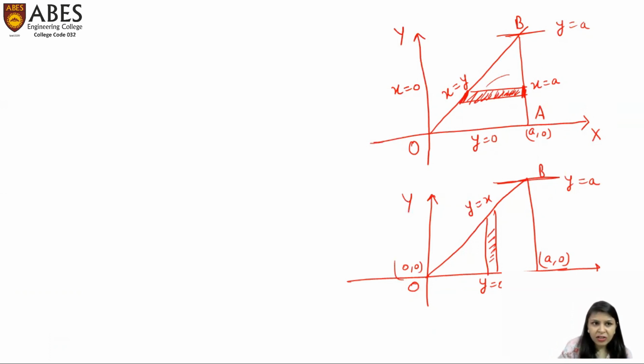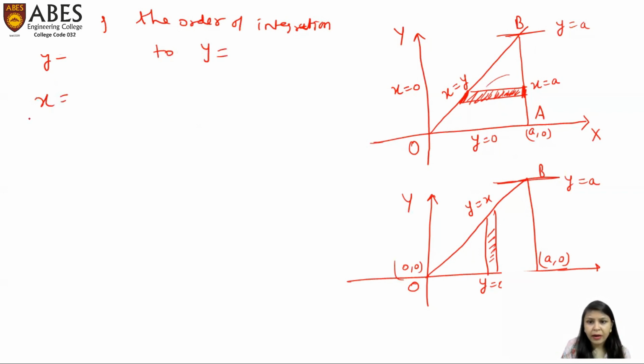But after changing the order of integration, the y limit, which is a constant in the previous figure, will come in variable form, and the x limit will be constant.